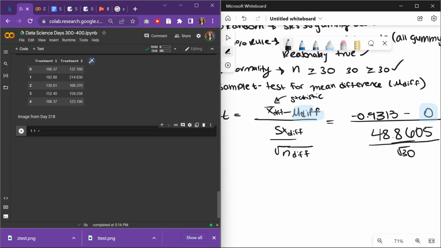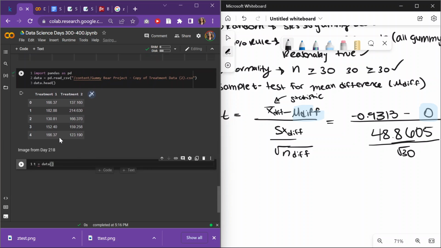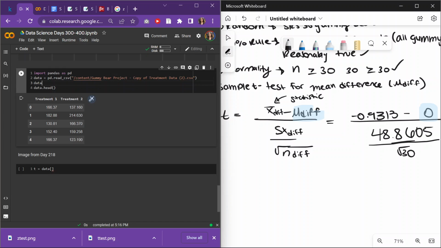So T is going to be equal to data. Oh, I just forgot to do something first. Okay, hold on one second. So data dot differences, I'm just gonna call it diff.